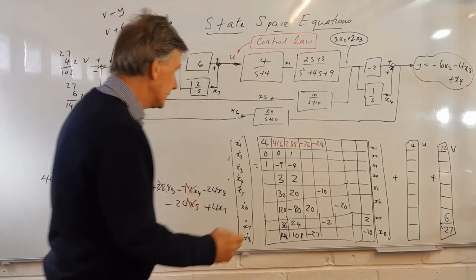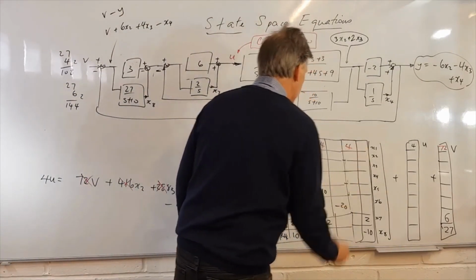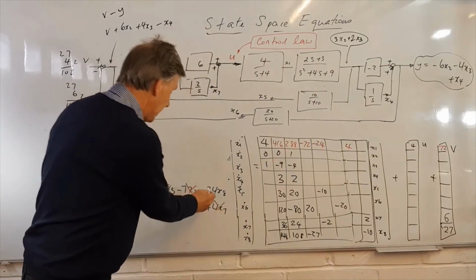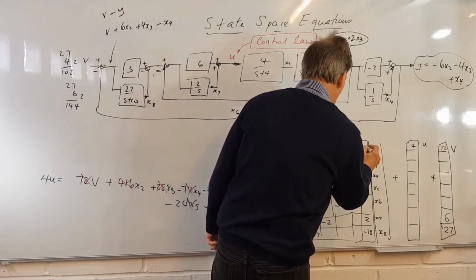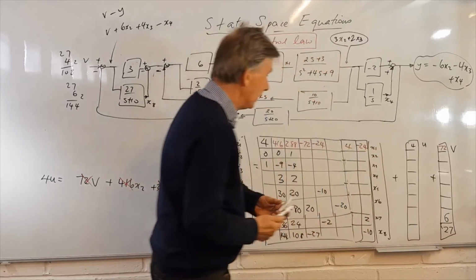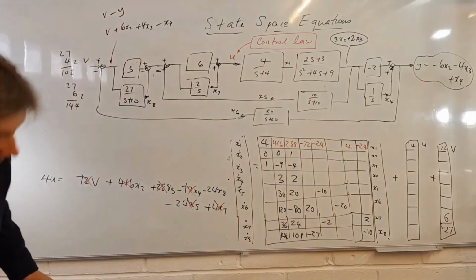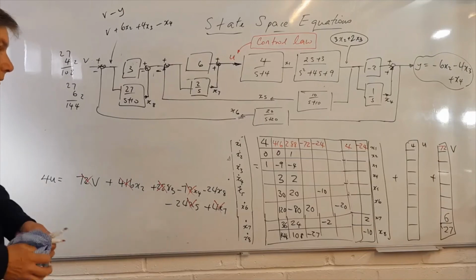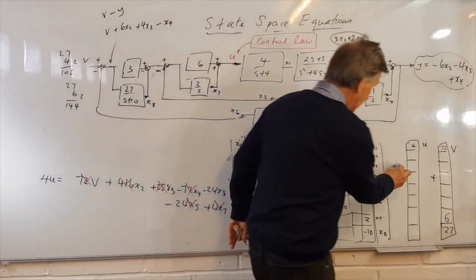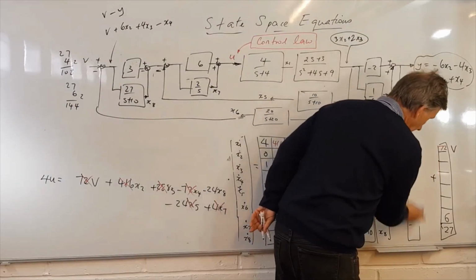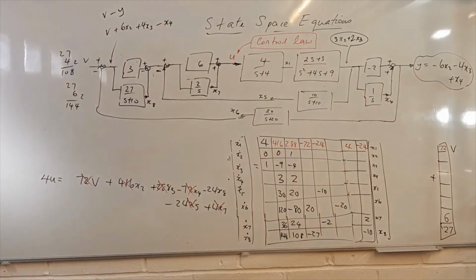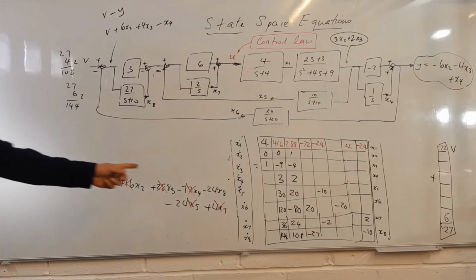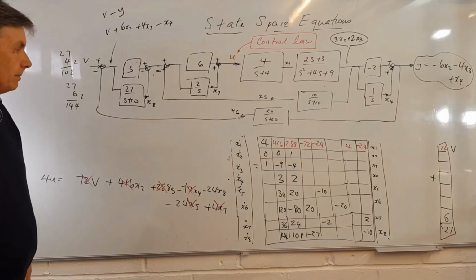Got 4x7s, and we've got minus 24x8s. Now, because we've done that, we've actually replaced now the u, the 4u. So the 4u has disappeared, so that means this part here has disappeared. And these now represent the closed loop state space equations.